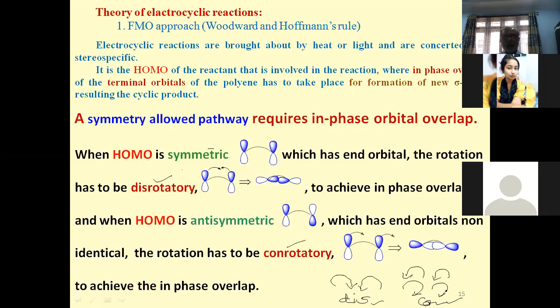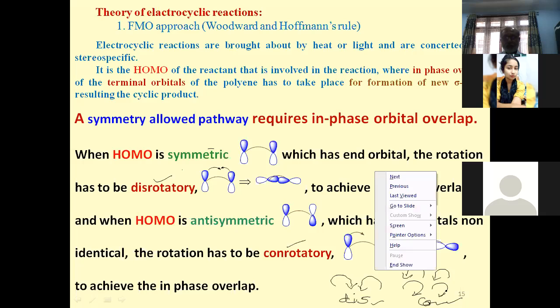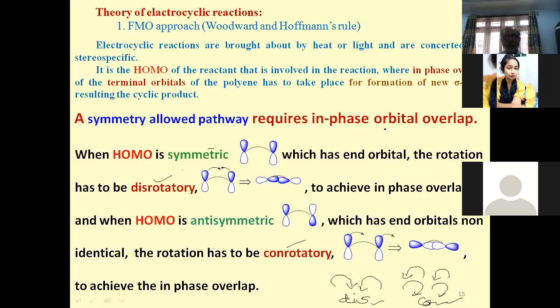And of which one? It is the terminal orbital, because when we see where the bonding has taken place, this orbital and this orbital are involved. So this is where the new sigma bond is formed, and we get this pi bond here.